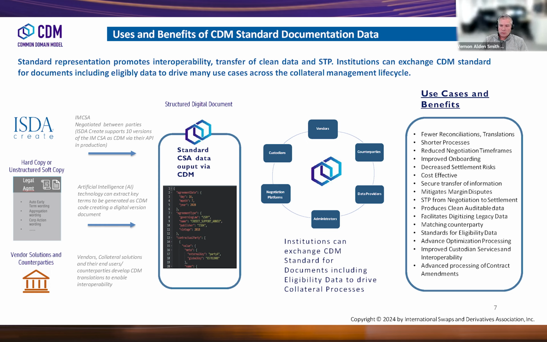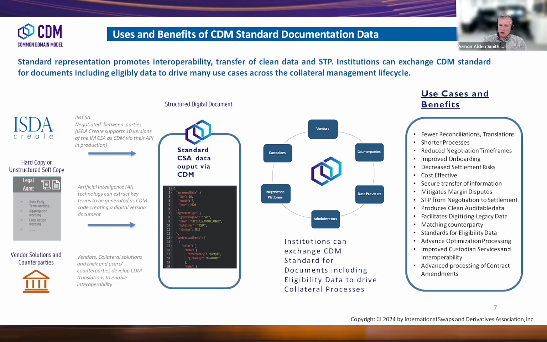For the documentation use case in particular, I just want to highlight a couple of use cases on this slide here. So there can be many ways. Newly negotiated documents in platforms such as ISDA Create can be digitized as CDM. And this is in place at the moment. In production, there are currently 10 versions of IM CSAs that can be imported from the ISDA Create platform as CDM data.